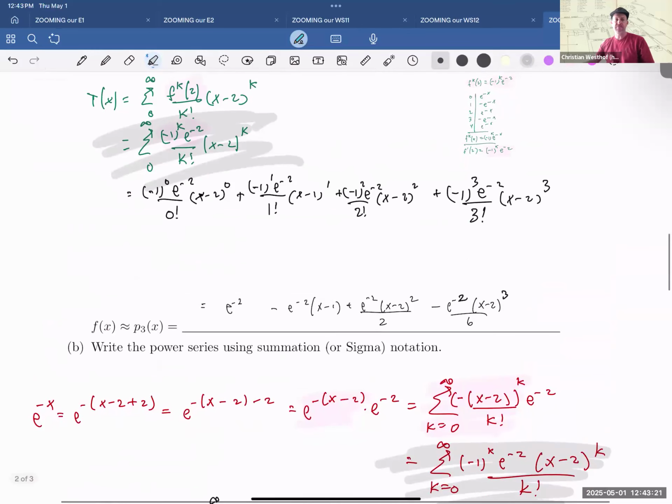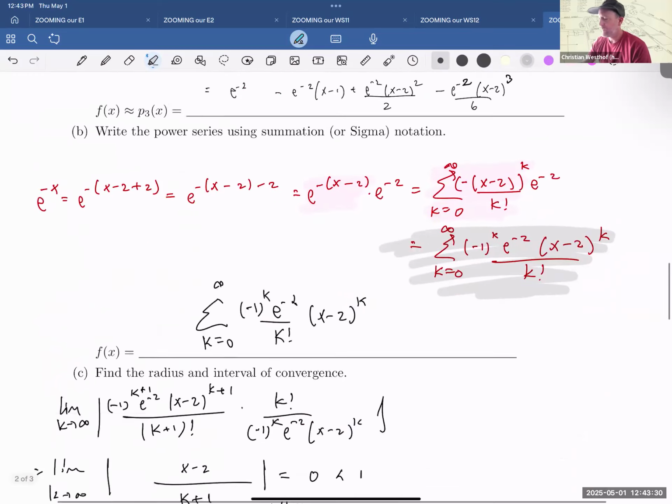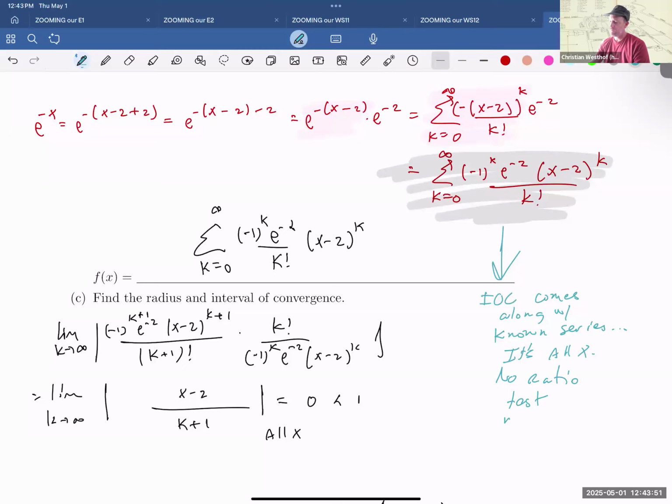And the added benefit of using that known form is the interval comes along for free. The interval was all x. So with this approach, the interval of convergence comes along with the known series. It's all x. No ratio test necessary.